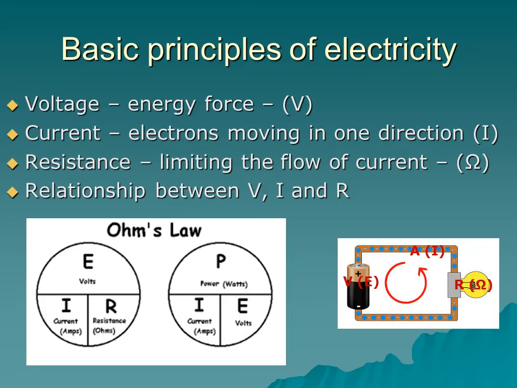Electricity, of course, does some work for us and is indicated by the letter P, which stands for power. Therefore, power equals I times E, and I equals P over E, and E equals P over I. We will do a few calculations later on with regards to these relationships.